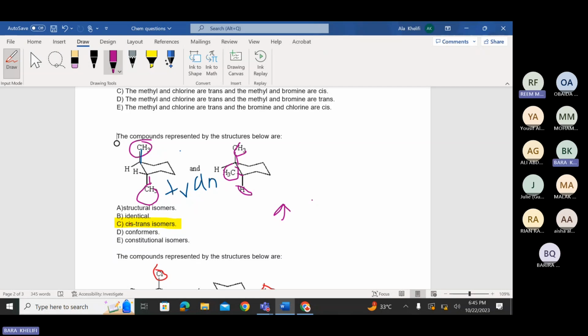And we didn't flip. It's not a flip, because if it was a flip, this would have turned into equatorial and axial. But here we changed the molecule position. That's why we call them cis and trans isomers. Okay, thank you. Wait, I just want to confirm. In the one on the left, the CH3 groups are both axial, but it's trans because they're facing opposite sides, right? Yes, both of them are axial, but they're trans because they're facing opposite sides.